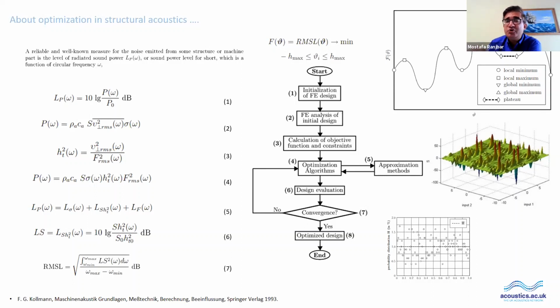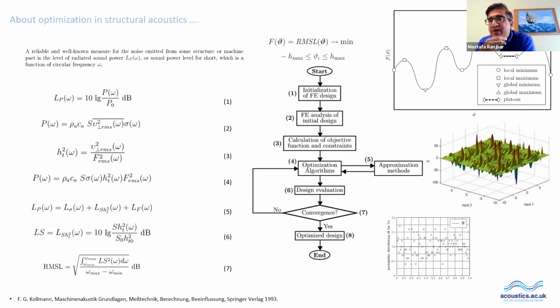To show you how difficult it is to find an optimum design, let's discuss this function, which has only one design variable. Having this objective function in one dimension, you can see that we have several local and global minima.